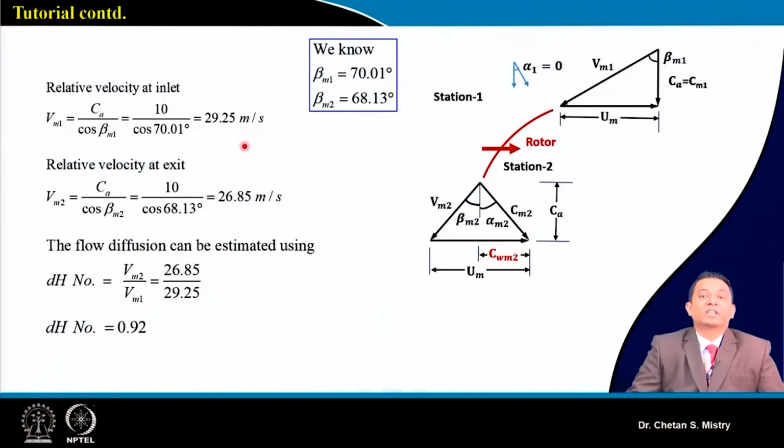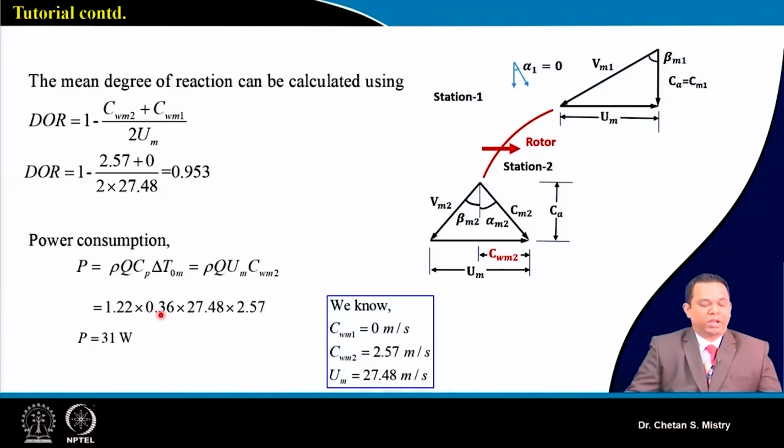My V1 is coming 29.25 meter per second, V2 is coming 26.85 meter per second, and the de Haller factor is coming 0.92. The next calculation is the degree of reaction. We put it in terms of the whirl component as well as my mean peripheral speed. So at mid station, this is coming 0.953.